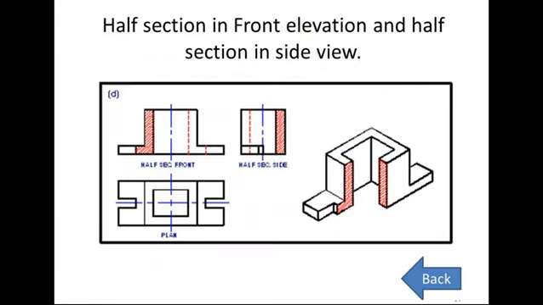See here one more example for half section. This is your object. You have removed this portion, and when you see from this side, the front side will show this hatching pattern. This is a top view, and when we see from the side view, it will show this hatching.